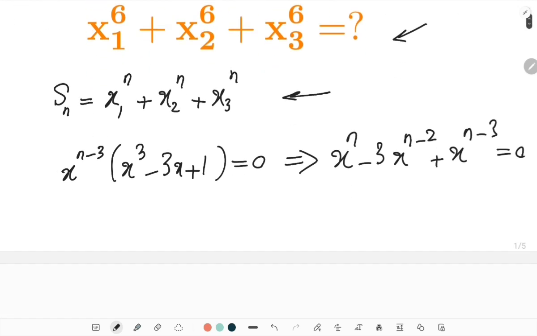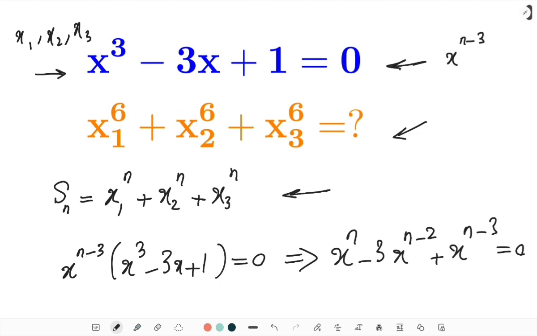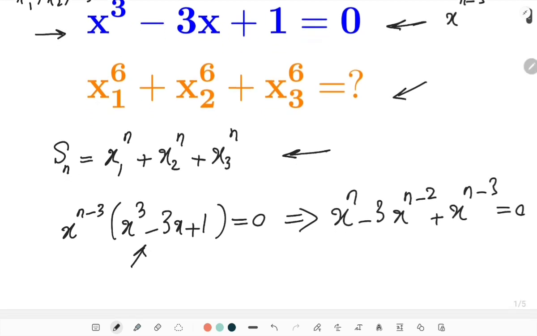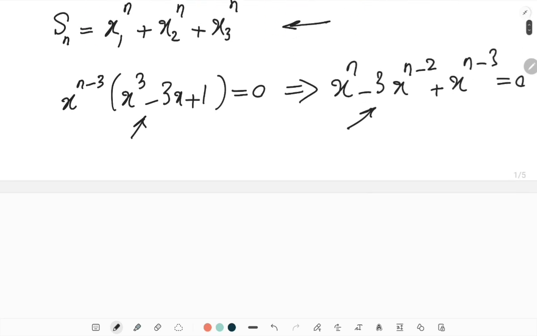Okay? But also pay attention that x1, x2 and x3 were the roots of this equation, so obviously they are going to be the roots of this equation of order n as well. So I can say then x1^n - 3x1^(n-2) + x1^(n-3) = 0.